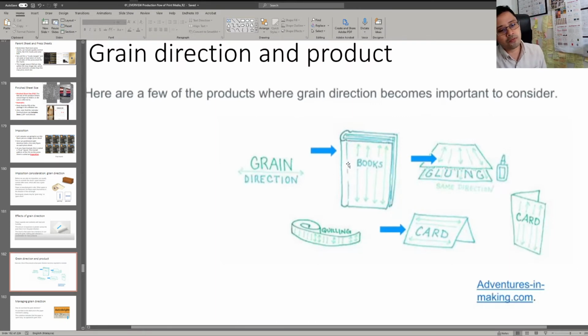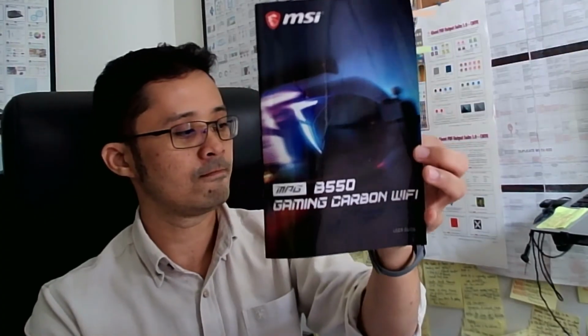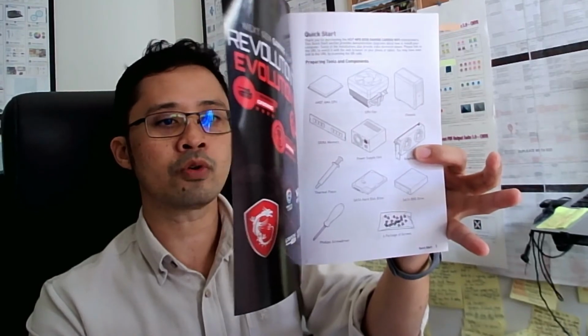So if we do this, kalau kita buat dia dalam direction yang bertentangan, apa akan berlaku tadi macam saya sebutkan, dia tendency to curl. Our printed product will be curl. Dia akan cenderung kepada melengkung tersebut. So I have one sample here. So let's say now this is a booklet. See, tak boleh tutup booklet.